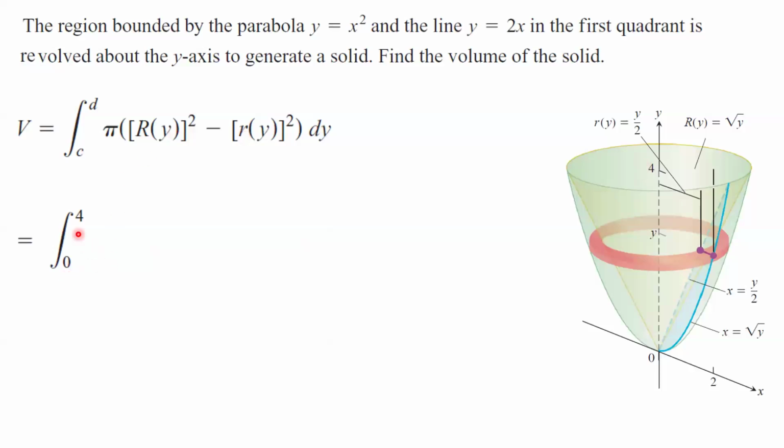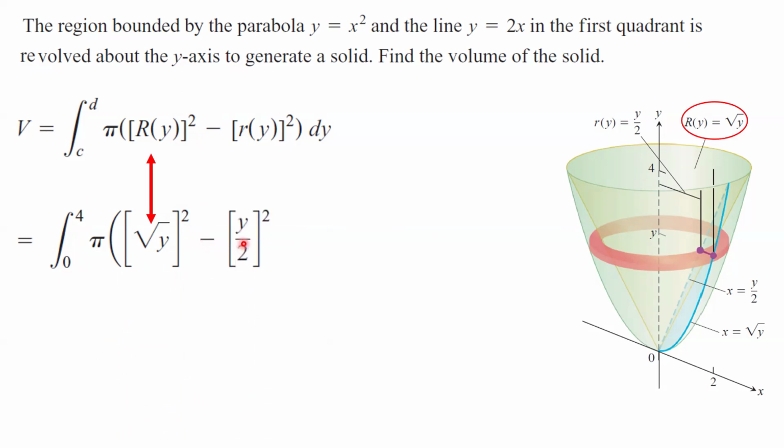So the boundary is 0 to 4, plug in pi, and the larger radius is square root of y, but you need to raise it to the second power to follow the area formula, minus the smaller radius, which is y divided by 2, squared. And then you take the integral with respect to y.